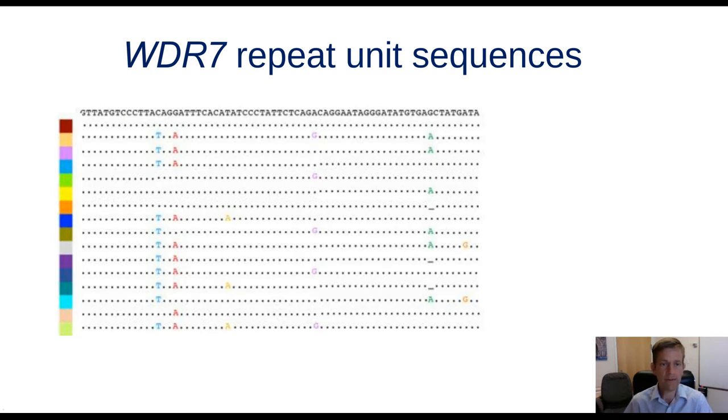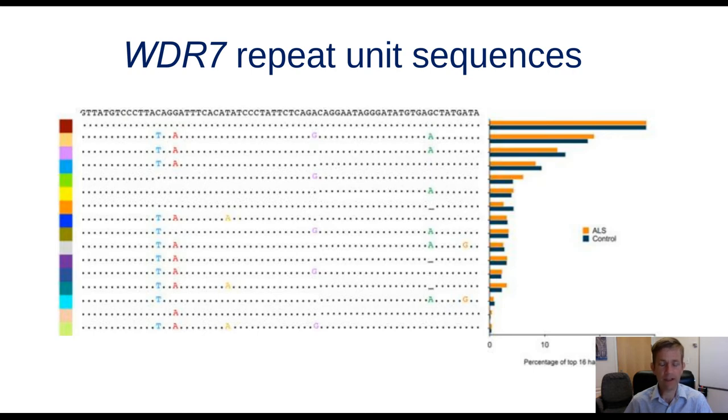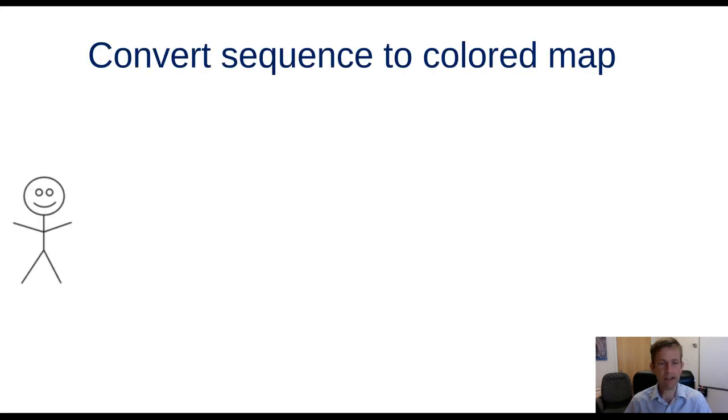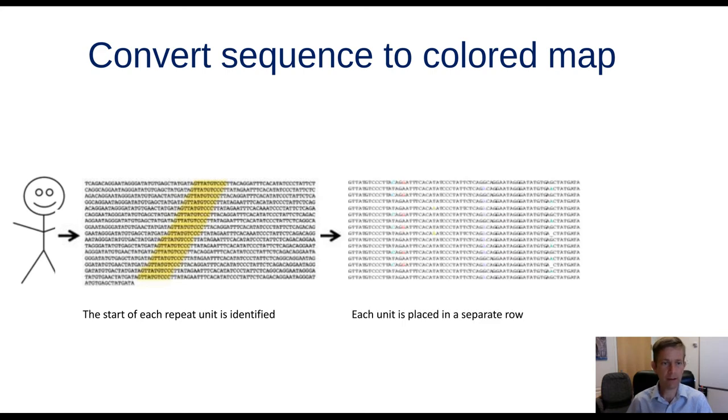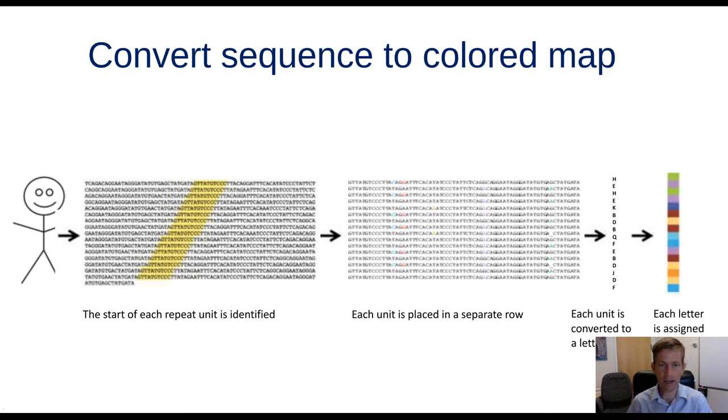When we did this, we found that there wasn't actually a difference between the internal sequences of ALS cases and controls, but we could still use this information to design a pattern and convert it to a color-coded map. So from each individual, we identified the start of the repeat, aligned this, placed each repeat into a separate row, converted this to a single letter code to avoid some of the complexities, and converted that code to a color.